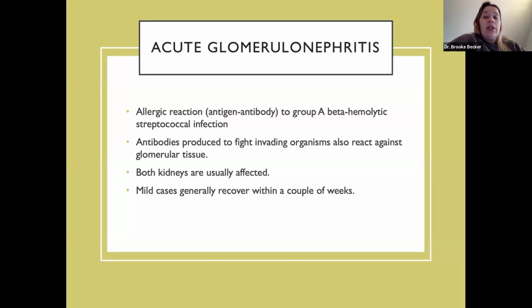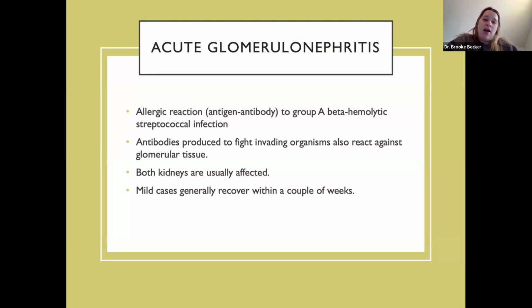Glomerular nephritis. So this is something that happens typically after group A strep infection. So kids get strep throat. They don't take all of their antibiotics because they're feeling better within a few days. So they stop taking their antibiotics.